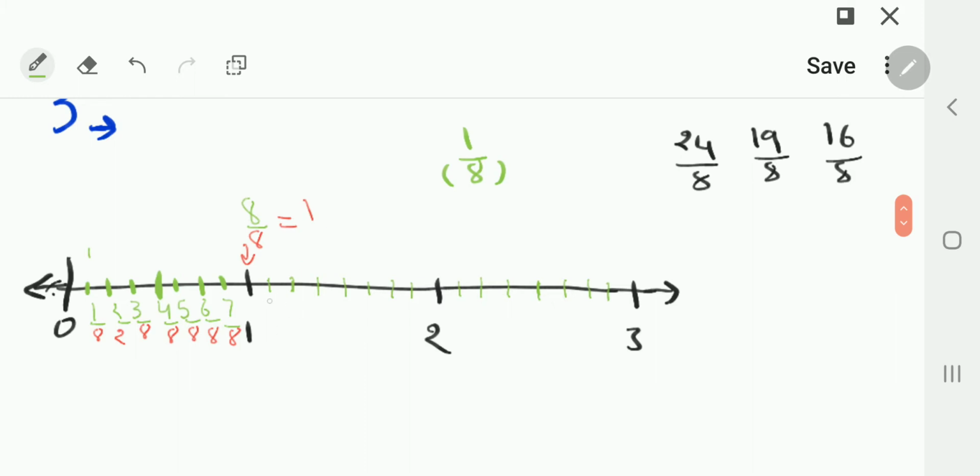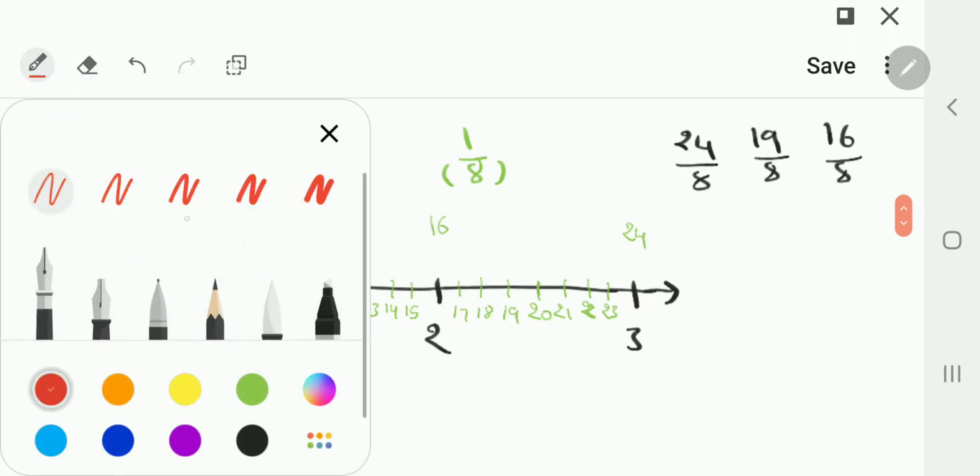Then this is what's gonna be what? 9, 10, 11, 12, 13, 14, 15, and then what? 16. And then what's this one? It's gonna be 17, 18, 19, 20, 21, 22, 23, and then 24. Very good.